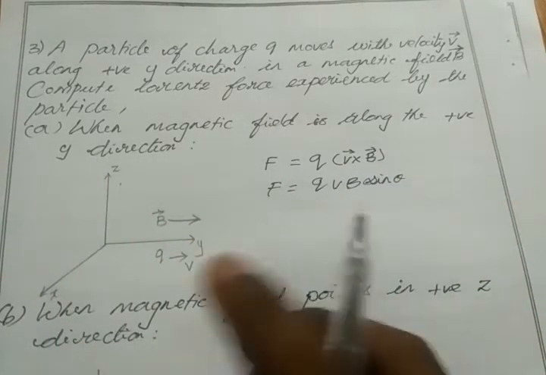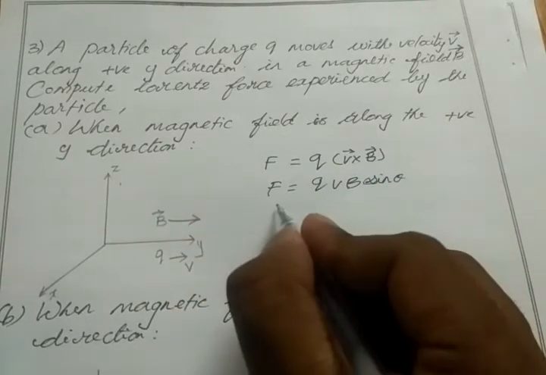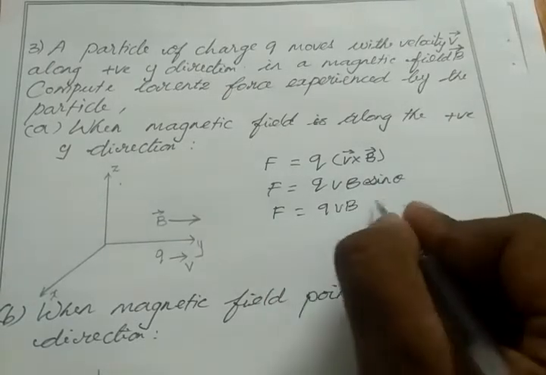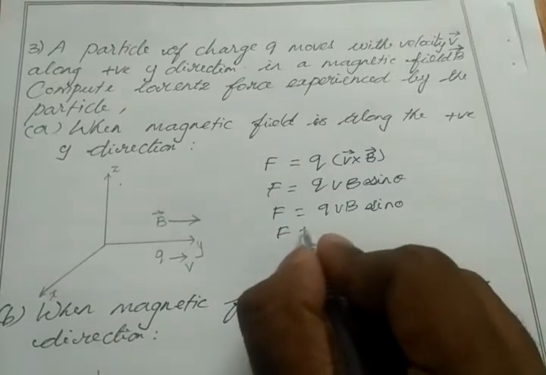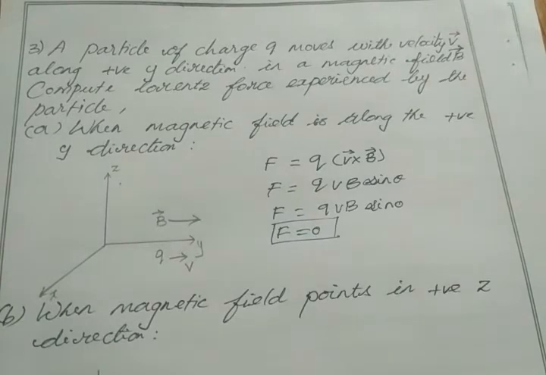So what is the angle between B and V? 0, right? So if you substitute sine 0, then force is also equal to 0. Okay, force also equal to 0.